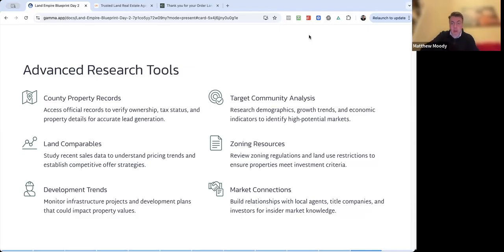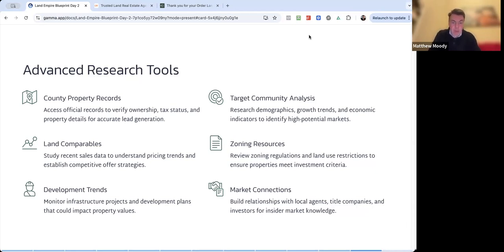This is really good for understanding things about tax, also any property details. Because every county has their own system, they're all fairly similar, so once you've used one, you can use pretty much any of them.